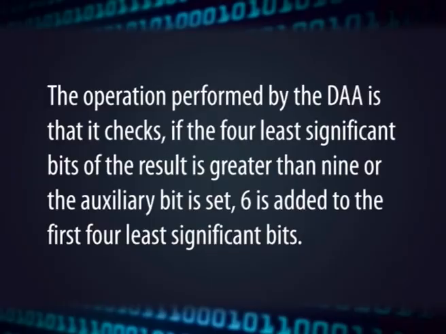When the DAA instruction is executed after the add instruction, it adjusts the result and brings it into BCD format. The operation performed by DAA is that it checks if the 4 least significant bits of the result are greater than 9 or the auxiliary flag is set, and then 6 is added to the 4 least significant bits.